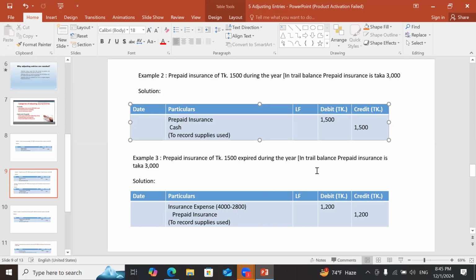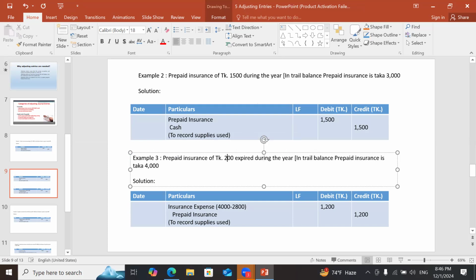How much? In trial balance, prepaid insurance was 3,000, but out of 3,000, 1,500 expired. I made a slight mistake here with 4,000 and 2,800.